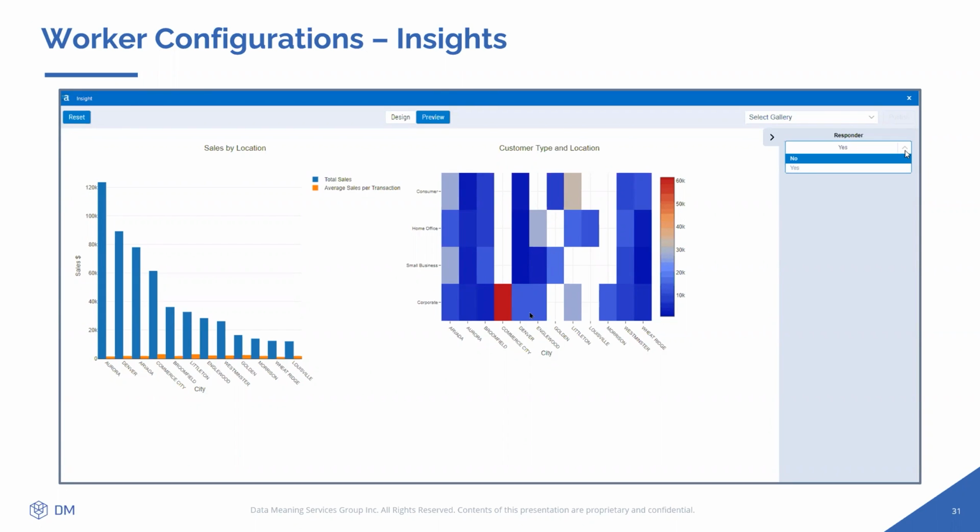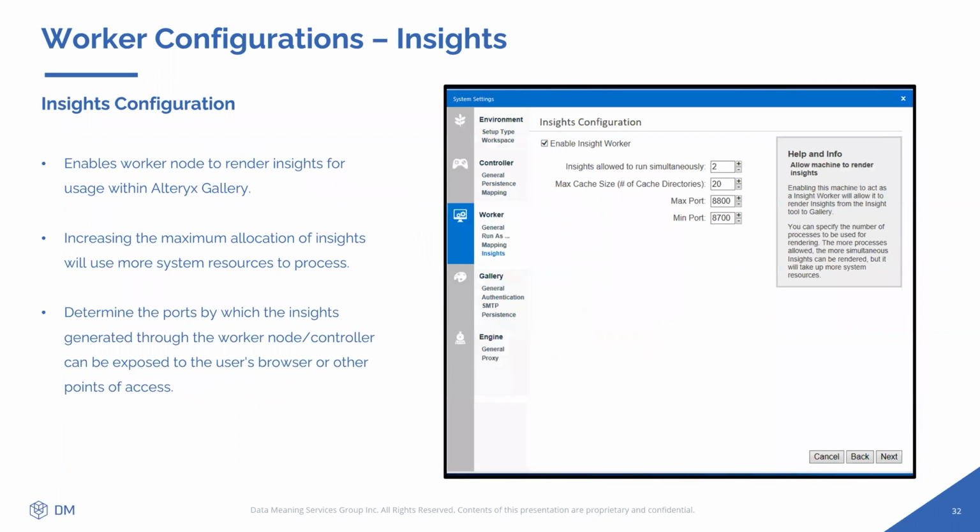In this section, we can set a maximum number of insights to run simultaneously, and the maximum number of insights cached on the worker. If one insight consists of a description and a data file, then each insight cached is a directory that contains these two files.